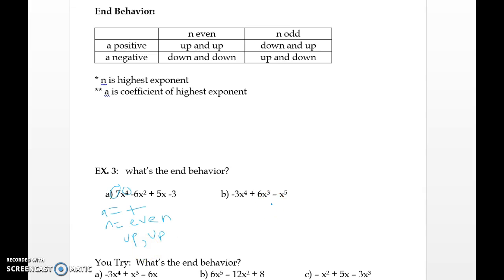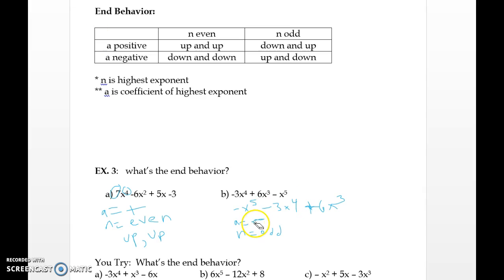Over here, B, if you notice, this is not in standard form, so we have to write it in standard form first. Negative x to the fifth minus 3x to the fourth plus 6x cubed. That's a plus sign. So now my a is negative and my n is odd.